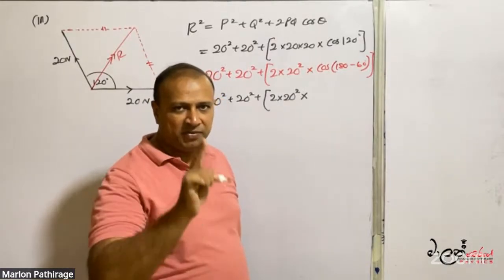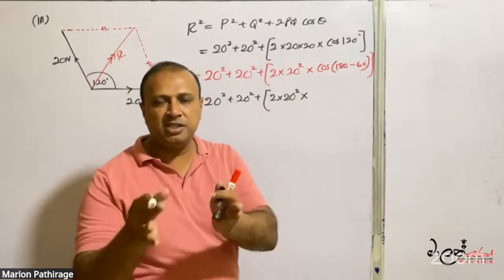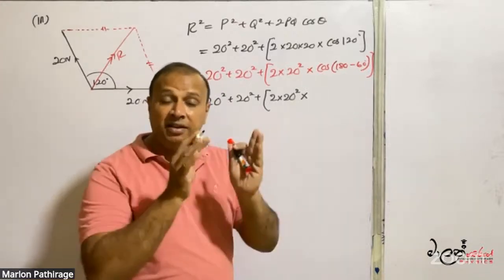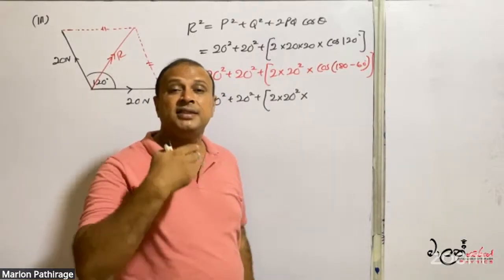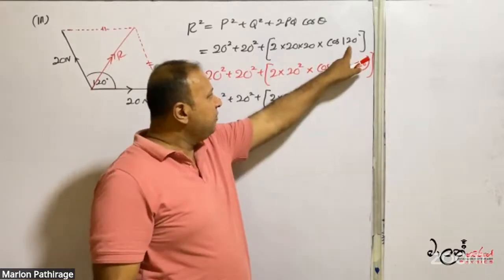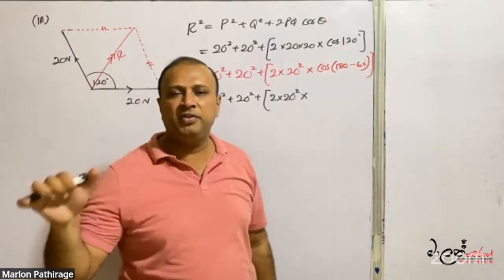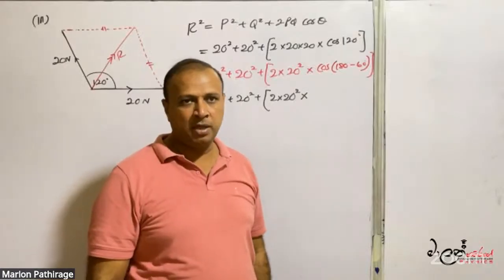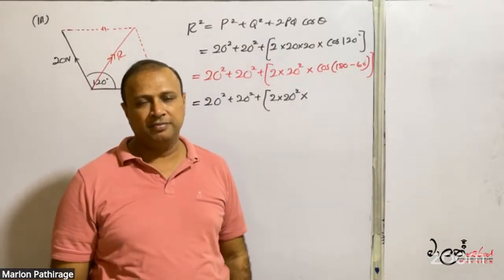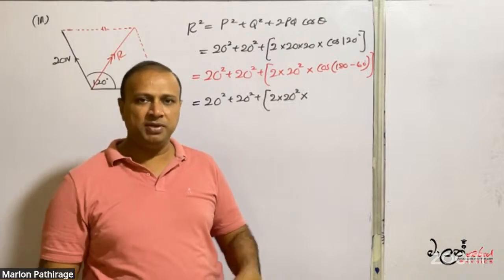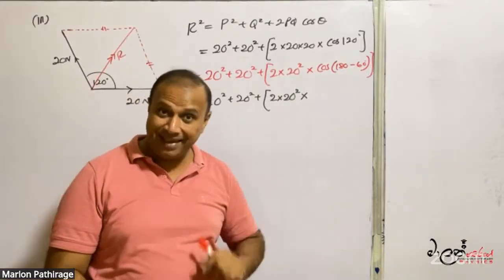But remember, there is a plus or minus value. How to determine whether it is plus or minus? We can determine it by considering its quadrant. If the angle belongs to the first quadrant, all the trigonometric ratios are positive. If the angle belongs to the second quadrant, only the sine values are positive, and all the others, including cos and tan, are negative.